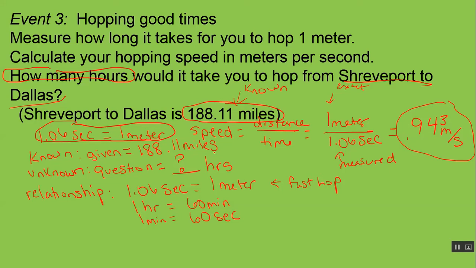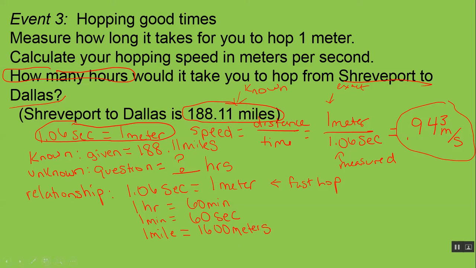Well, you might not, at least not off the top of your head right now, but as you're doing the activities, you're going to see that in one of the events, it actually gives you the relationship between miles and meters, and it tells you that there's approximately 1,600 meters in a mile.